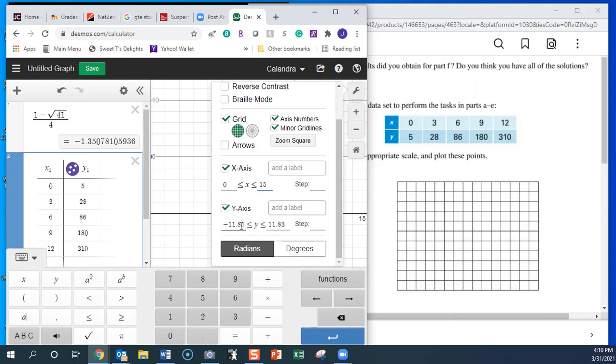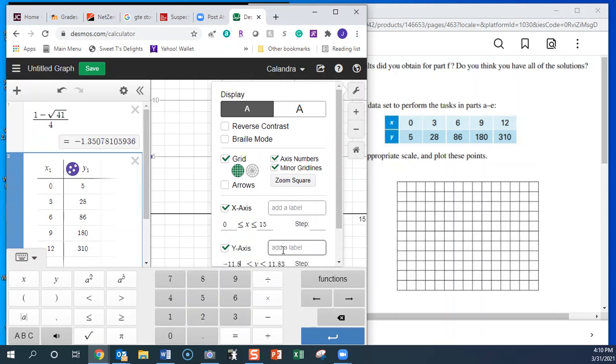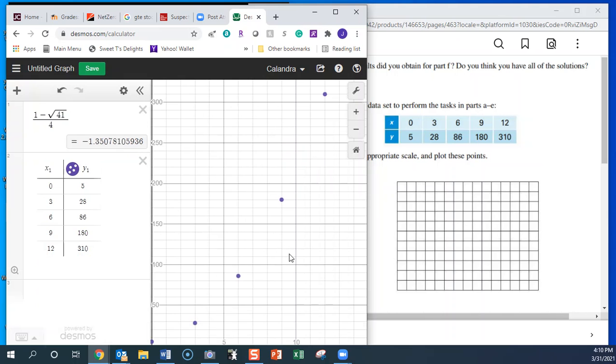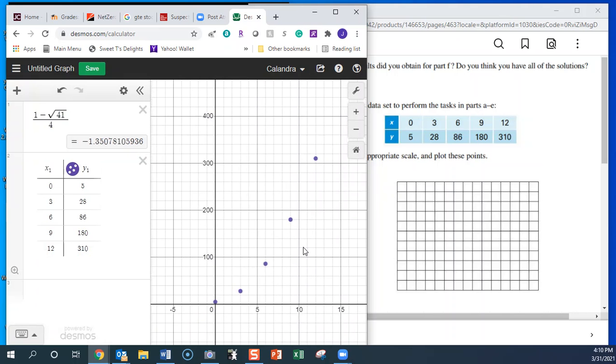Then we could do the y-axis. We can go from 0 to 330. All right. And as you see here, we have the points. Okay, so this is what the graph is supposed to look like.